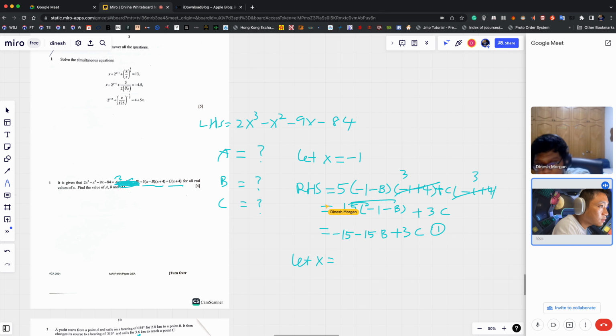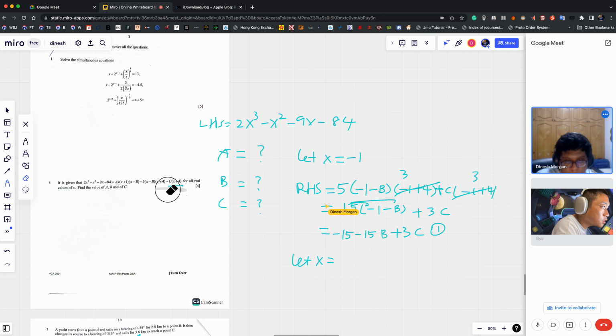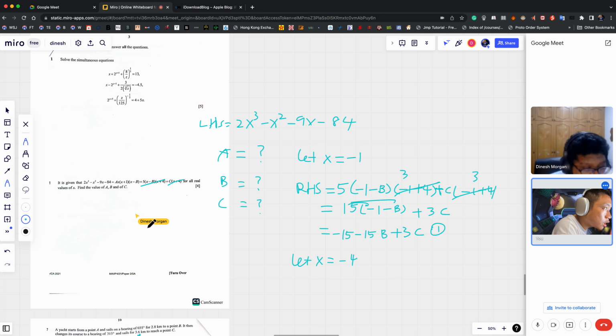Next, let x be negative 4. I think you see the beauty of this approach already, right? Then this one is gone. This one is gone. So you're left with this one. Sorry, I made a mistake.